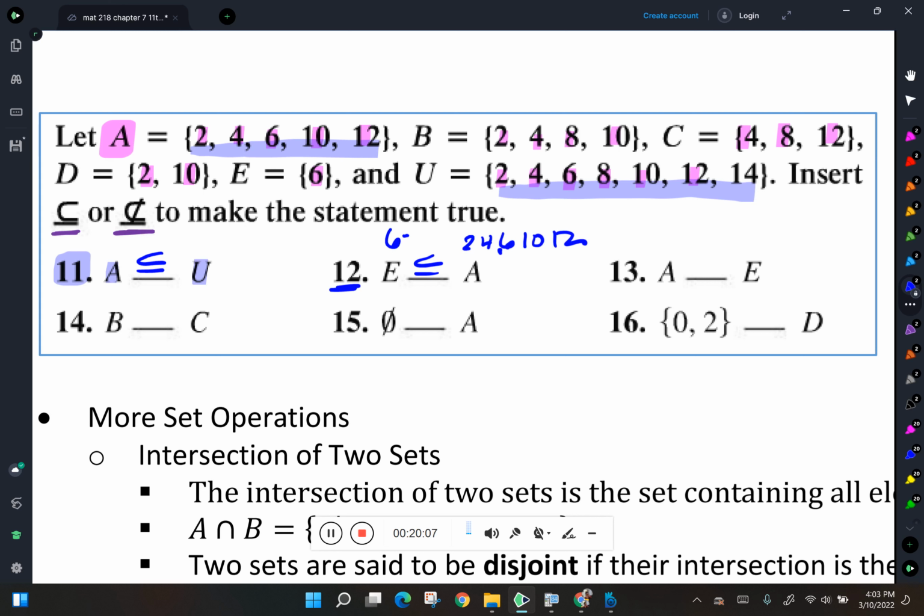Okay. How about number 13? Well, sometimes I'll have people say they want to do this to make it a true statement. Now, I've searched and searched and searched, and I can find nowhere online, no reputable source that tells me that this is wrong.